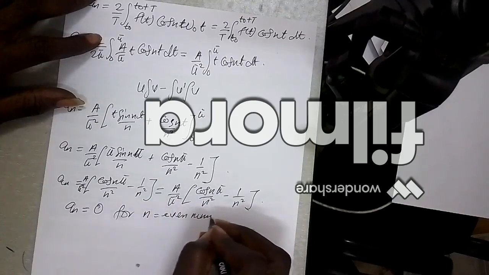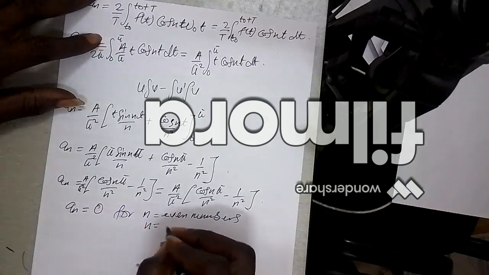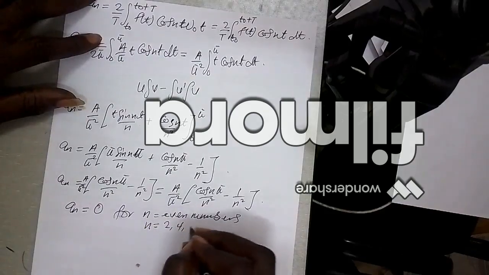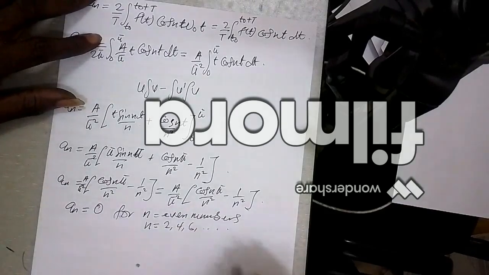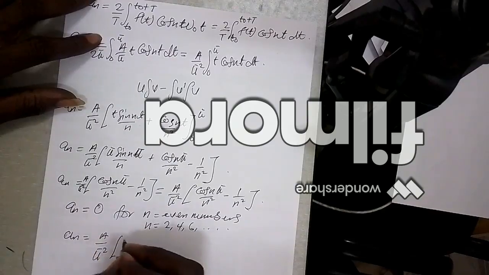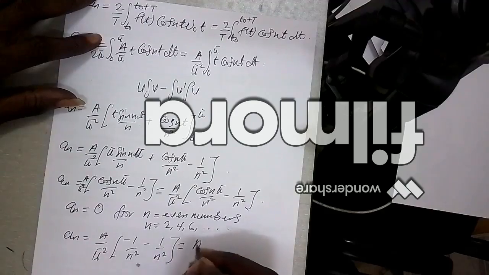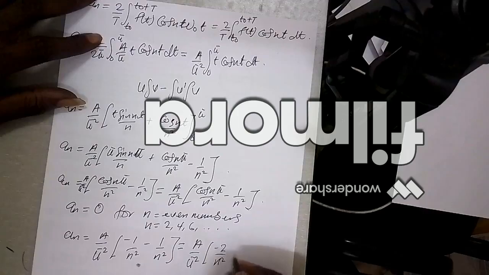Okay, even numbers. Thus, n equals 2, 4, 6. And then an is equal to a over pi squared into minus 1 over n squared, which is equal to a over pi squared into minus 2 over n squared.